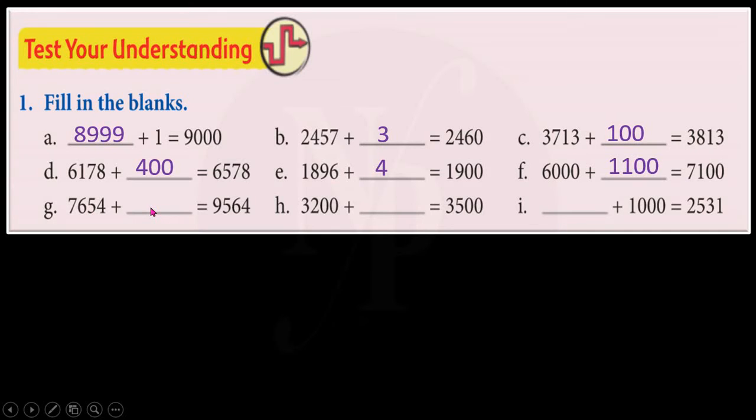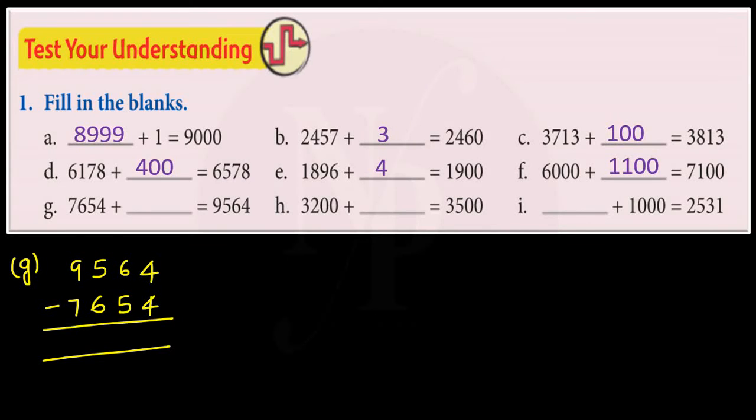Let us do that now. See here, to find the required answer for question G, we are subtracting 7,654 from 9,564. Let us subtract now.